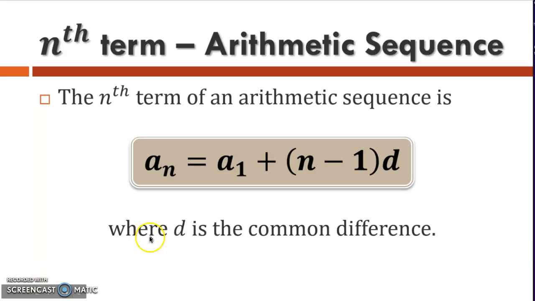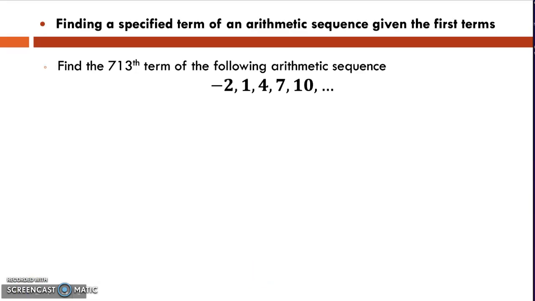So now when we go back to our problem, first note, D is the common difference. So here's our problem right here. We're going to use this formula, a sub n equals a sub 1 plus n minus 1 times D. What do I need to know? I need to know which term I'm finding, so that will be what n is. I need to find my first term, and I need to know D, or my common difference.